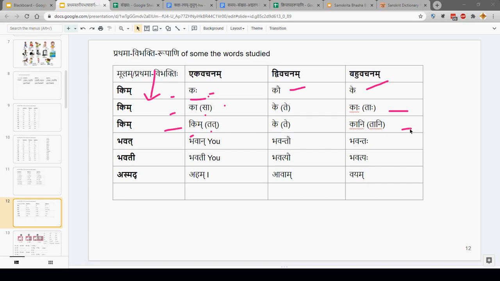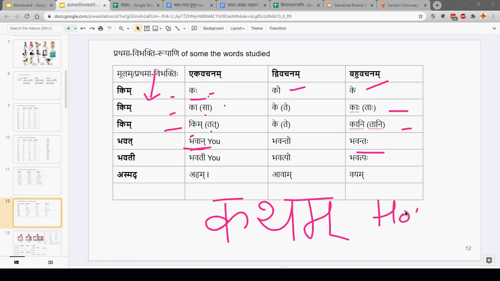And then similarly in bahuvachanam, bhavan becomes bhavantaha. If it is a single person, we can ask the question, Bhavan katham asti. Katham means how. Katham is an indeclinable word. Indeclinable means avyayam. It doesn't change. It remains the same in any gender, any vibhakti or any number.